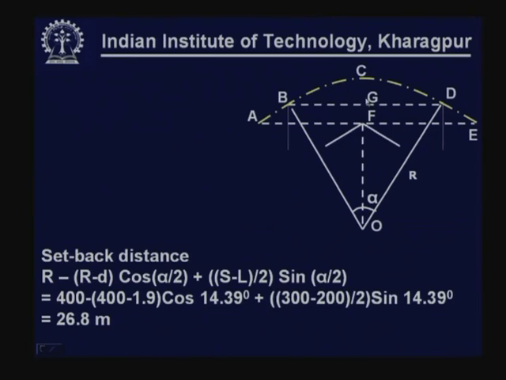That means Cg is nothing but r minus d cos alpha by 2. If we have to calculate the total setback distance, this Gf component is to be added. Now, Gf is nothing but S minus L by 2, which is AB sin alpha by 2. So, that is what is added. We have already discussed the theoretical basis for that.